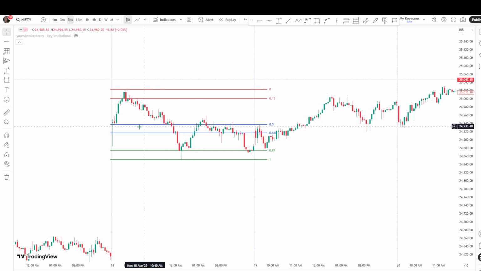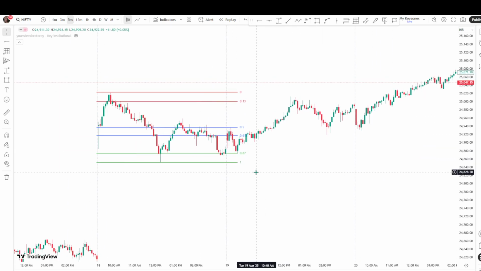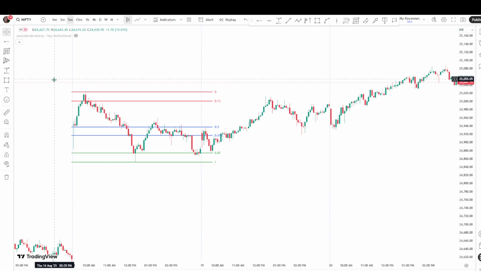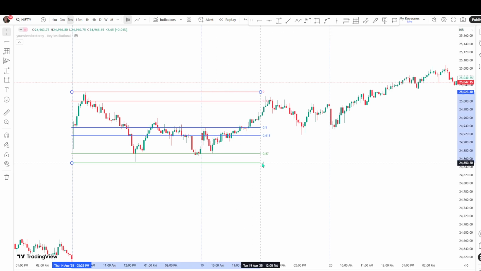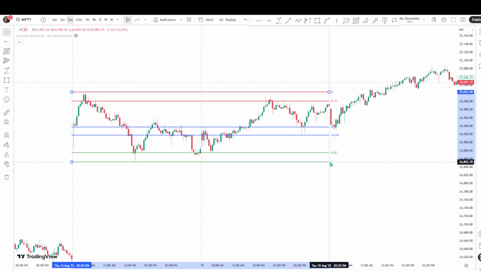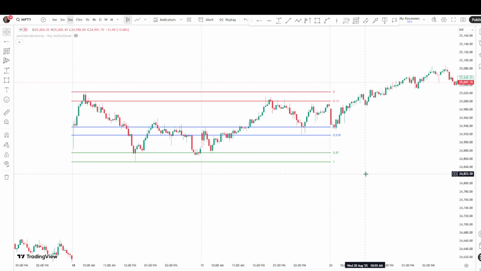This point, from this blue line, we consider as an equilibrium area. So if we analyze this as a view for the next trading session, we just extend this line around this level.